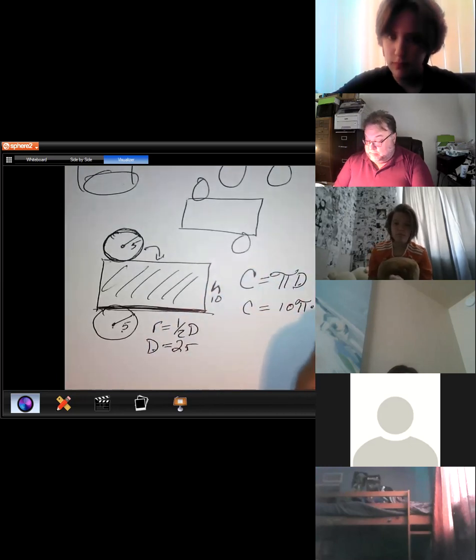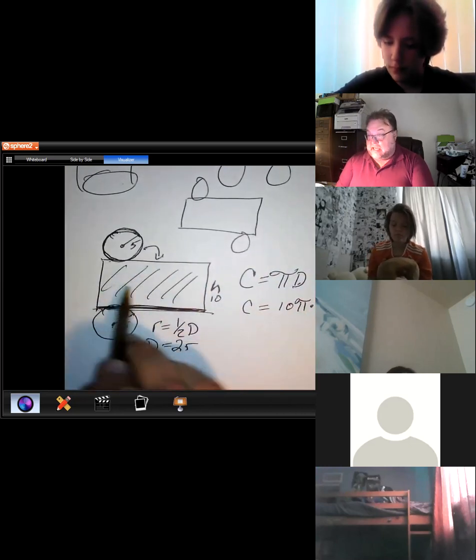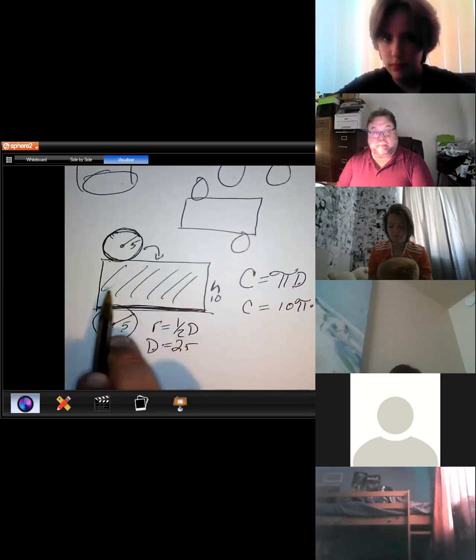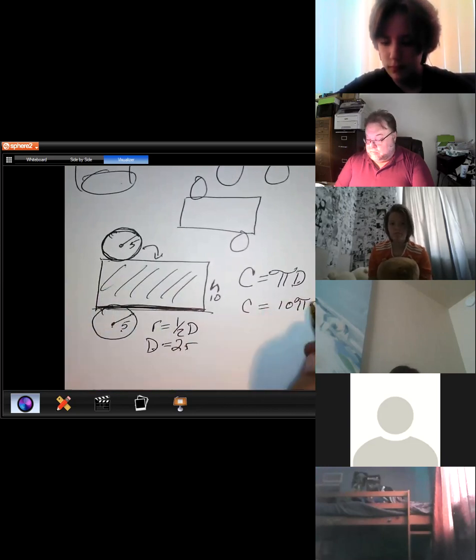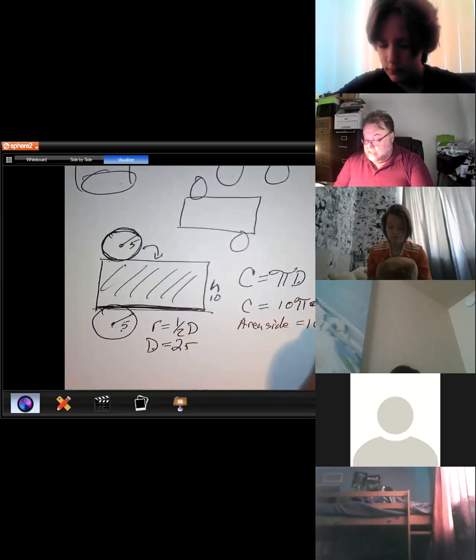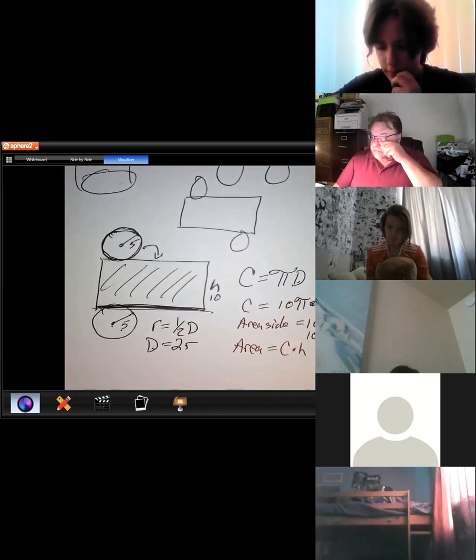So I'm going to have to multiply this by 10 again to get this area here. Okay, so that's the circumference, and then the area of the side is going to be 10 pi times 10, which is going to be 100 pi, because the area equals the circumference times the height.